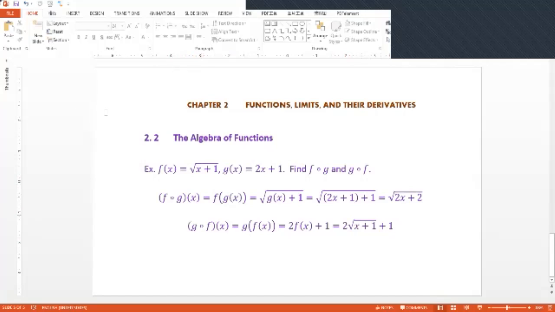And if you reverse the order of composition, you do g compose f, you get 2 times square root of x plus 1, plus 1. So they're not the same. So the order of composition of two functions is important. All right.